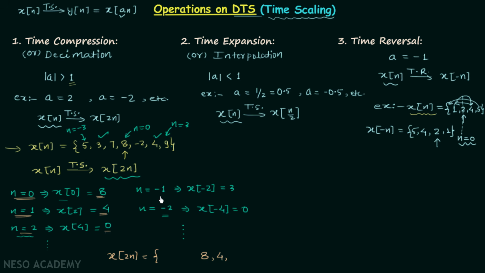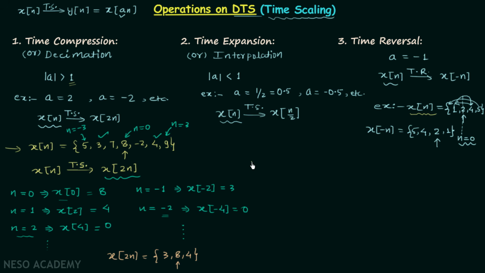And when n is equal to minus 1, we have 3. We will write 3 here. When n is equal to minus 2, we have 0. We will not write 0. So finally, we can say that x(2n) is equal to 3, 8, 4. This is the answer, and 8 is present at n equal to 0.